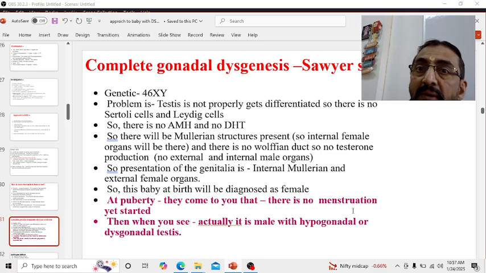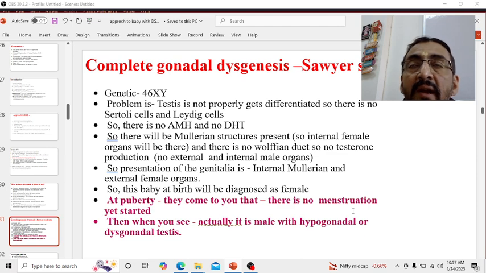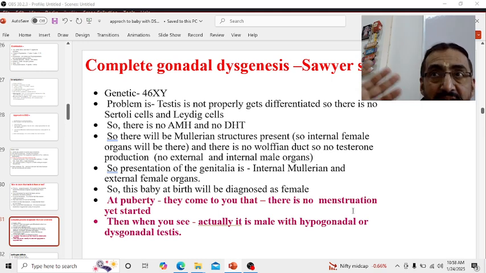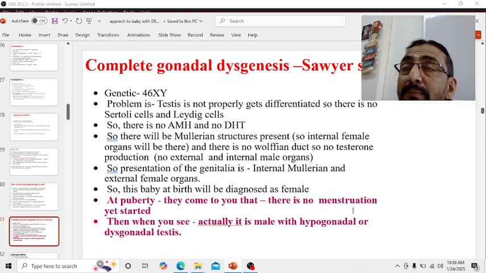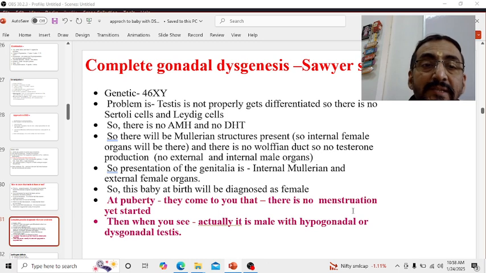Everything else is normal here, but unfortunately Sertoli and Leydig cells are not present, or they are not differentiated, so they are not in a position to produce the anti-Mullerian hormone as well as dihydrotestosterone. So there will be development of the Mullerian structures. The child is actually male, but because these two cells are absent due to improper differentiation, there is proliferation of the Mullerian duct and production of Mullerian structures, that is, internal genital structures of the female.